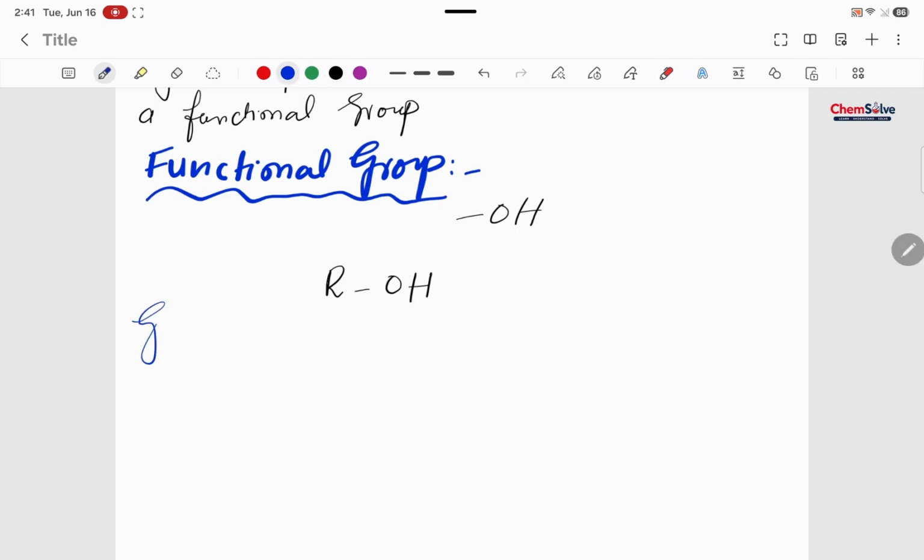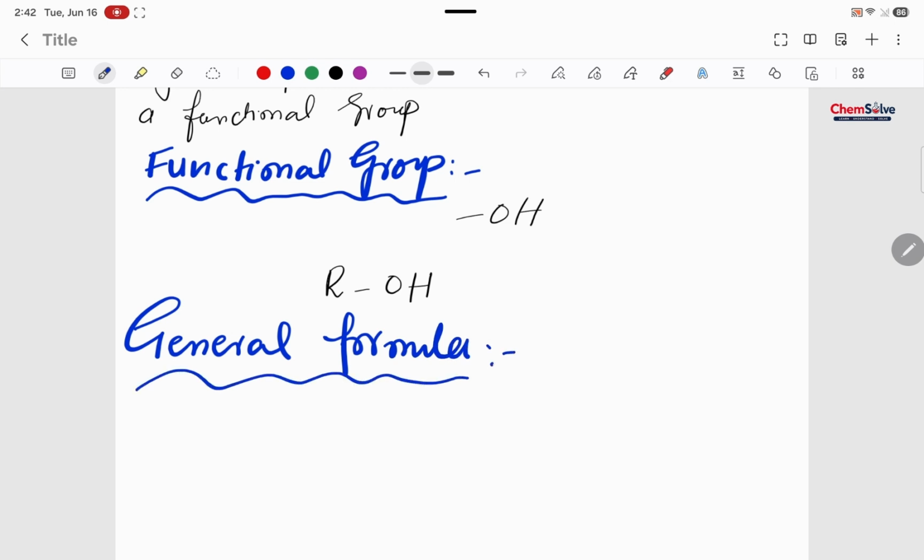So look at the general formula. General formula of the alcohol is CnH2n+1OH, where n is the number of carbon atom.